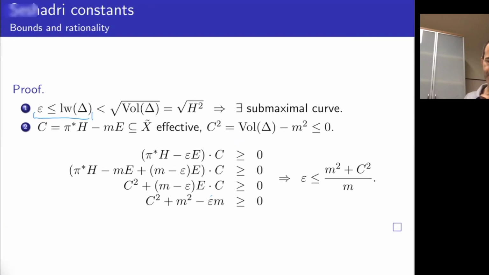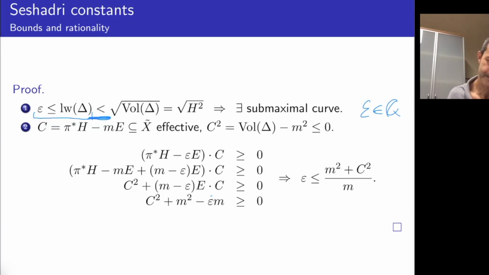And there is a result saying that the volume of delta is equal to the self-intersection of H. So you can see that we have the strict inequality between epsilon and the bound we gave at the beginning of the talk. And so we are in the case in which there exists a submaximal curve, which means that the Seshadri constant is rational.